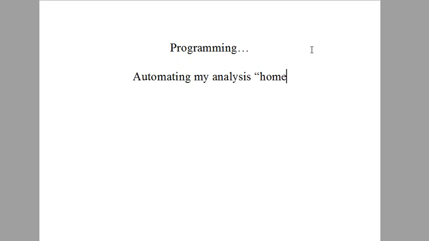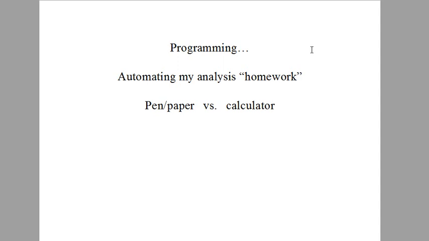It's the difference between when you're a kid and you're having to do all your long division by hand versus a calculator. Calculator's automation, right? I've got on one hand, I've got pen and paper to do my homework versus what? A calculator. Right? That's the analysis that I had made. I wanted this tool to help me with my homework.